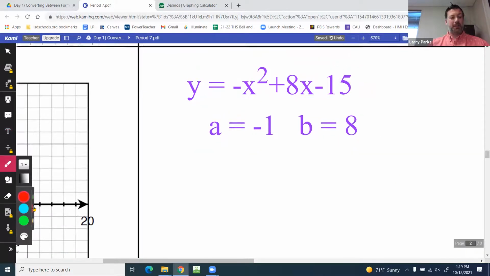And then I'm going to plug in to that formula that says to find the x value of the vertex, you take -b over 2a. Well, b is 8, so that becomes -8.